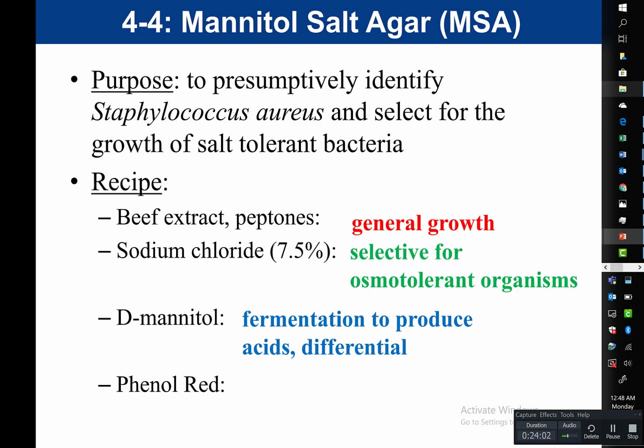But we need a way to detect if the acids are produced. And so in this media, we also have our phenol red. We have seen phenol red multiple times throughout the semester. You all know that phenol red is going to be a pH indicator. Remember that the pH indicator, if we look at the name, the phenol red, the red or pink, tells you that it's alkaline. Remember that in the name, the color is the alkaline.